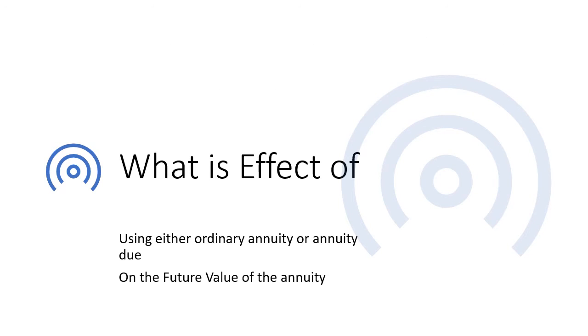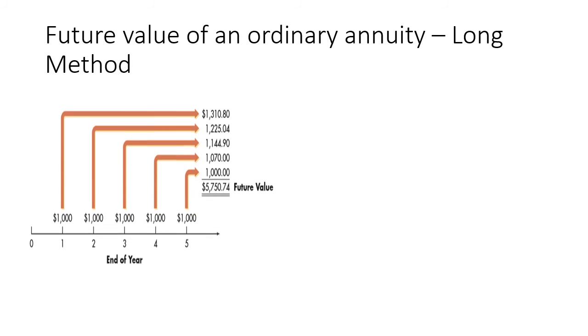The basic question will be: what is the effect of using either ordinary annuity or annuity due on the calculations of the future value of the annuity? We will discuss how to find the future value of an ordinary annuity.